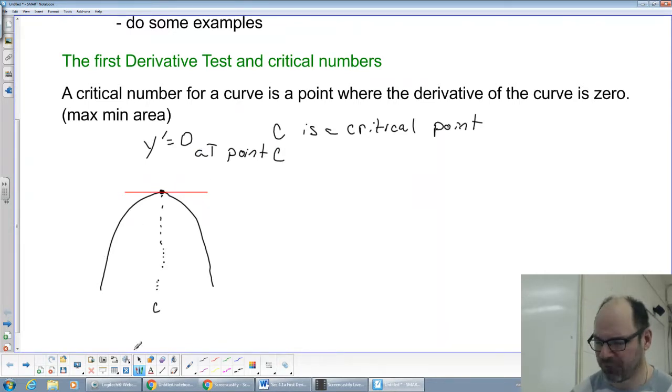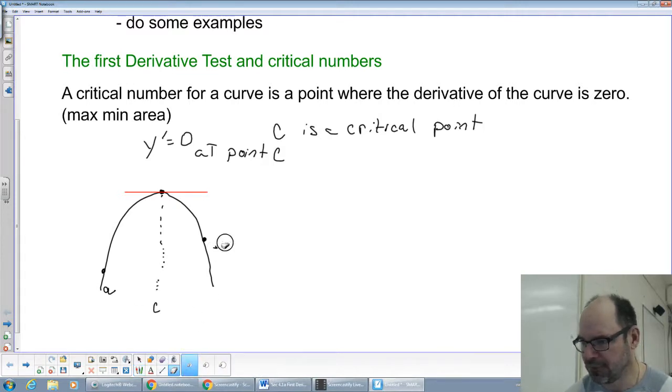Before it, if we go to a point to the left of point C, we'll call it point A, and we'll go to the right of it at point b. So these are x points, obviously, a and b.